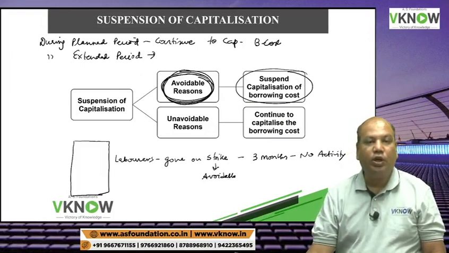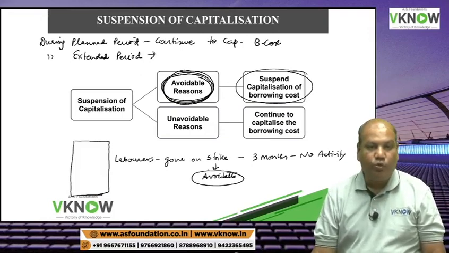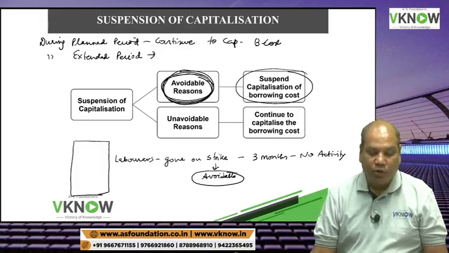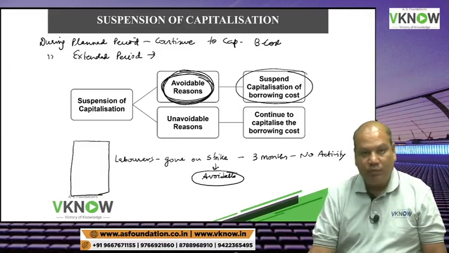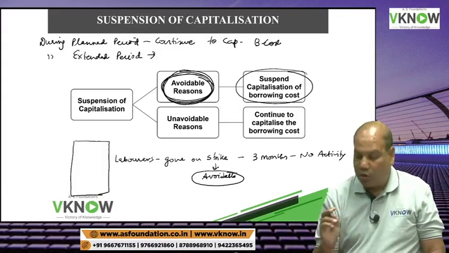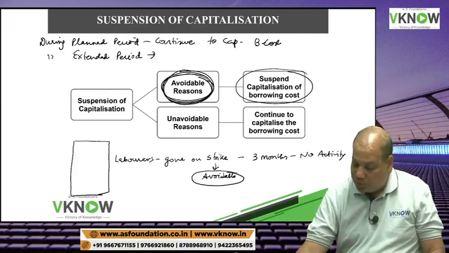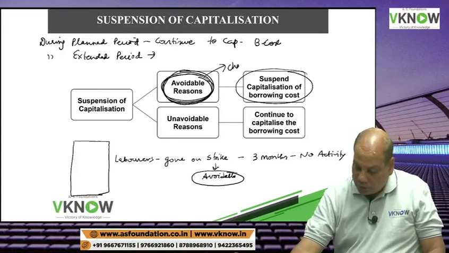Strike is an avoidable event because you have to plan your relationship with workers in advance. So therefore, in this 3 months period, we will incur borrowing cost. The bank will charge me borrowing cost, but whatever borrowing cost I pay during this period, I will charge to P&L account.